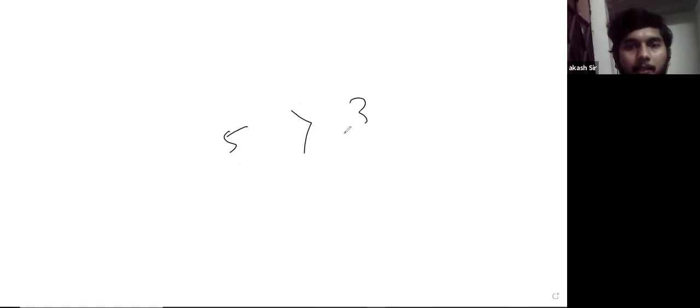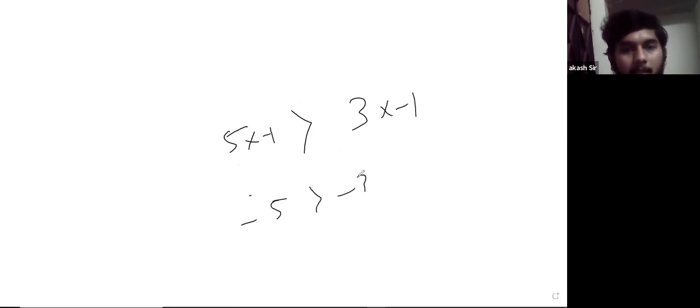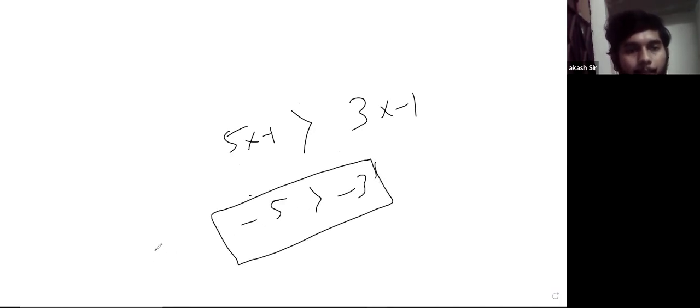Is 5 greater than 3? Say yes. We know this, right? 5 is greater than 3. If we multiply by -1, does this hold true? -5 is greater than -3. Is it true? No. Everyone?